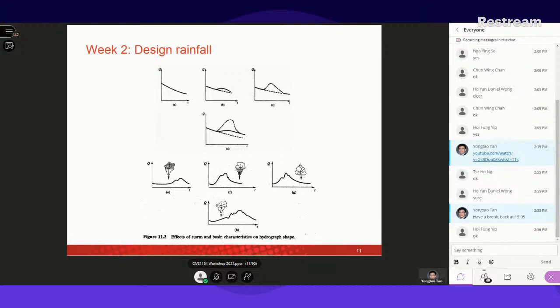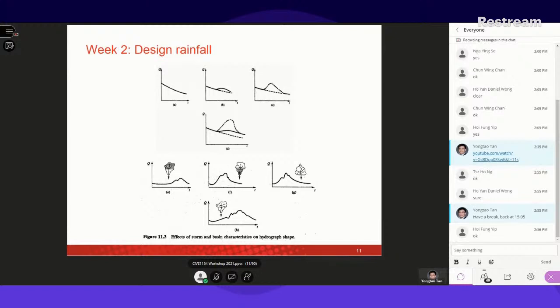Now this slide is showing the hydrograph of a stream, and also the effect of the storm and the basin characteristics on the hydrograph.